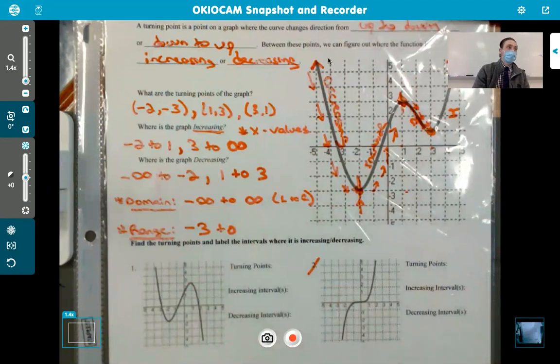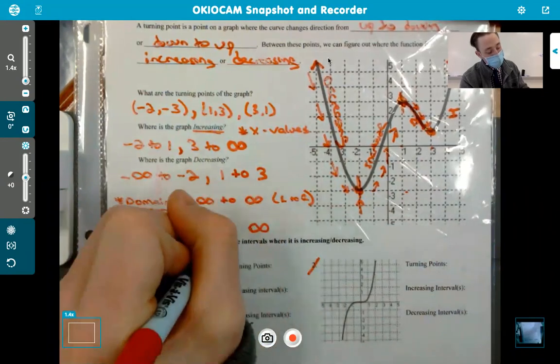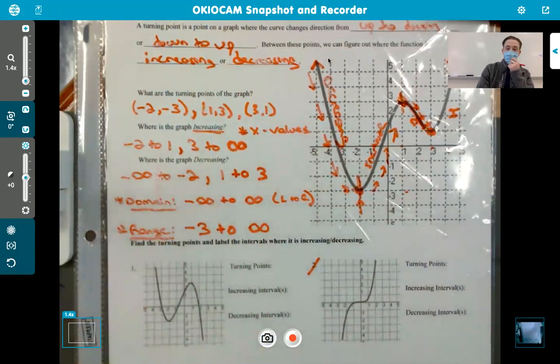It goes to infinity in your y values. So from -3 to infinity. Okay. And again, the range is going to depend on the graph and the function that you're given, so it might change, whereas the domain for right now is from negative infinity to positive infinity.